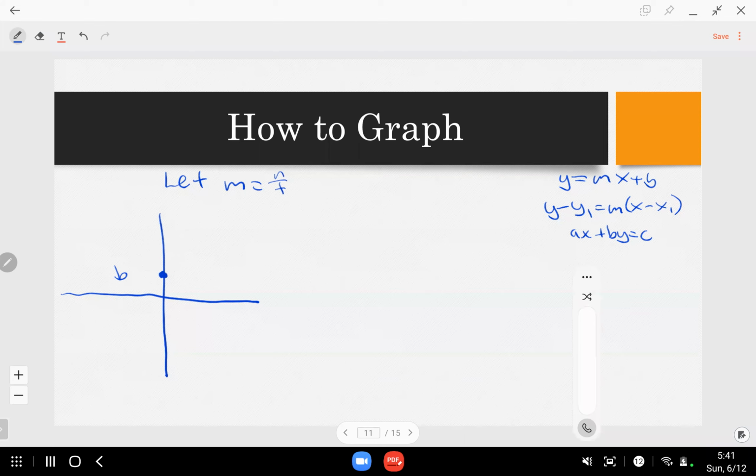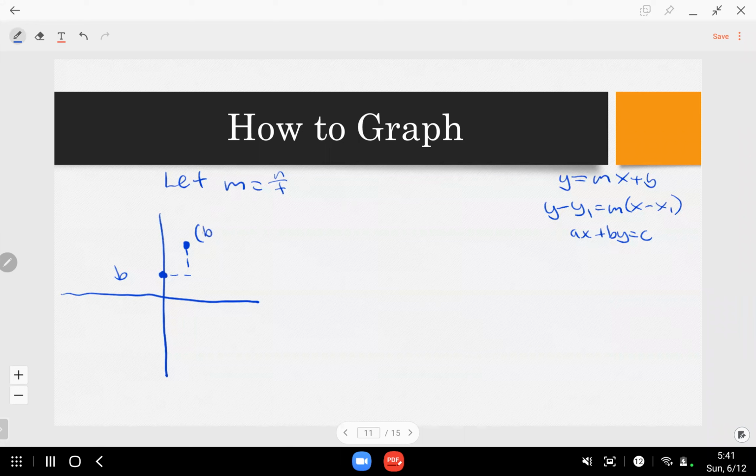Using the slope, you can find another point, right? Which is just, okay, it's going to go from the y-intercept, right? You can add n to it.